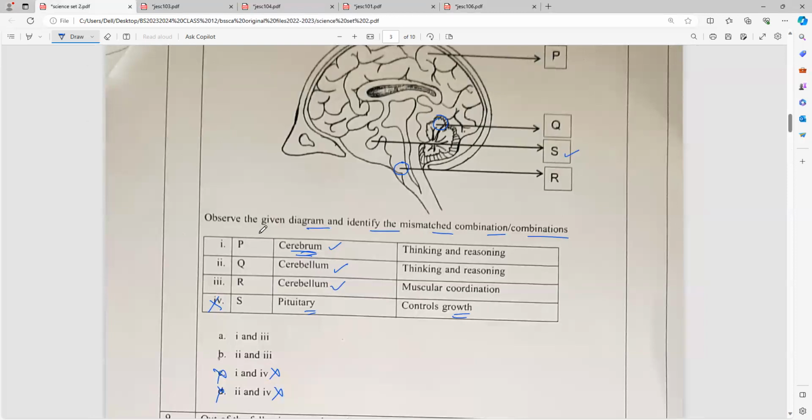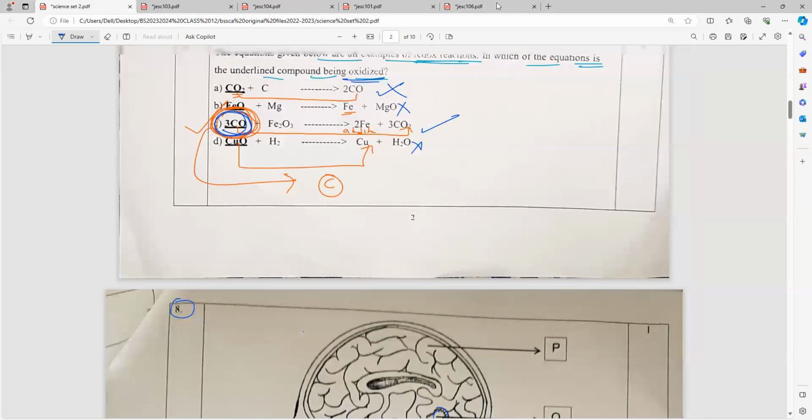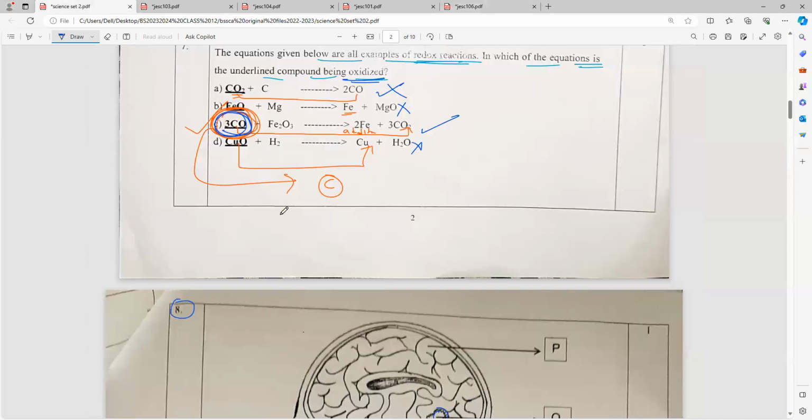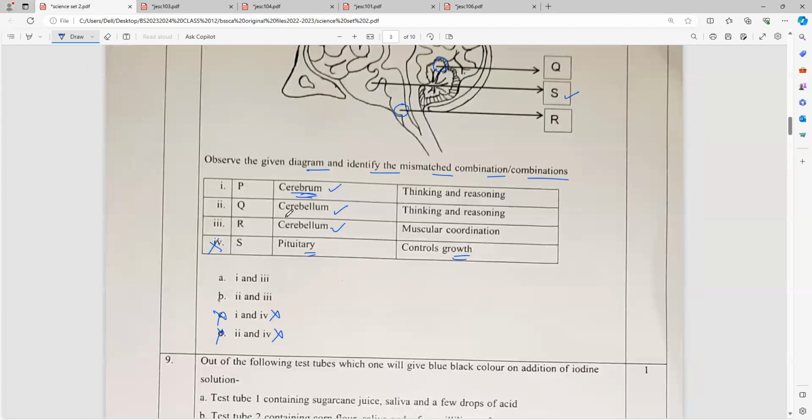Learning, reasoning, intelligence, personality, memory, thought, sensations, action and movement, and all the voluntary actions. Am I right? Yes, sir. So is option A right or wrong? Correct, sir. Then this is also correct, so option 1 can also be avoided. Option B is the correct one, but we have to know the answer also, whether it is right or wrong.